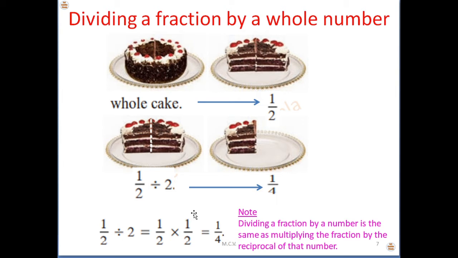Then in the next exercises, we use this rule. Division of a fraction by a certain number or fraction is equal to multiplying by its reciprocal. So you have to get the reciprocal of the right hand side.